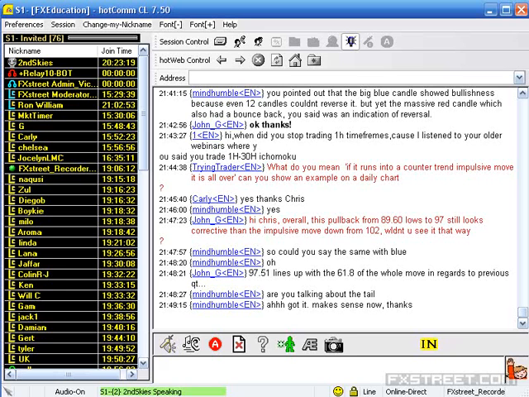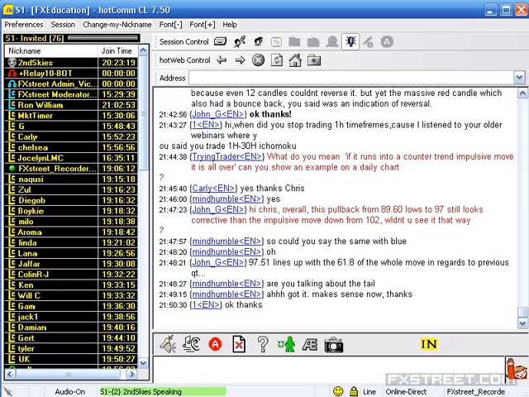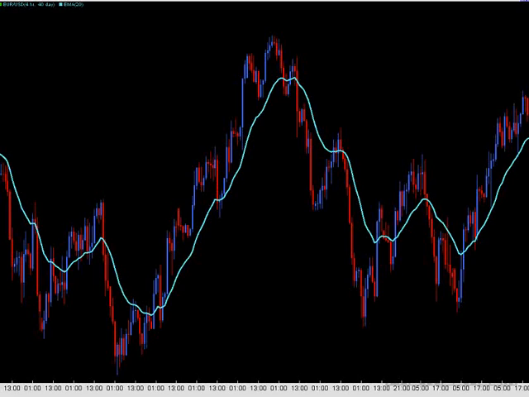Trying Trader says, what did you mean if it runs into a counter trend impulsive move, it is all over? Can you show an example on a daily chart? Probably. Let me see if I can find you one. There we go. There's a good example. A couple good examples, actually.